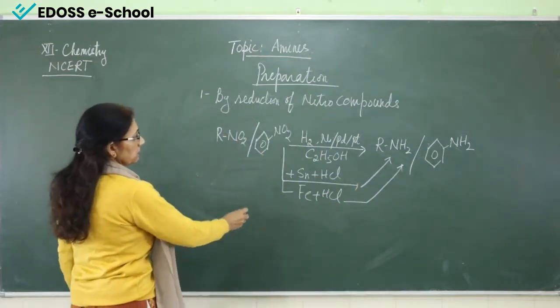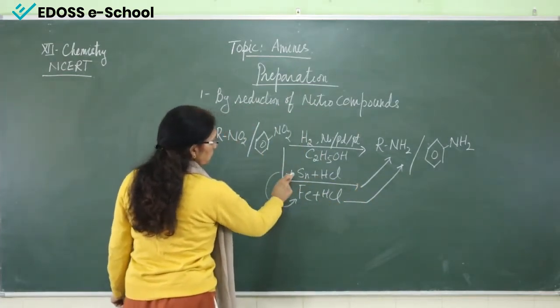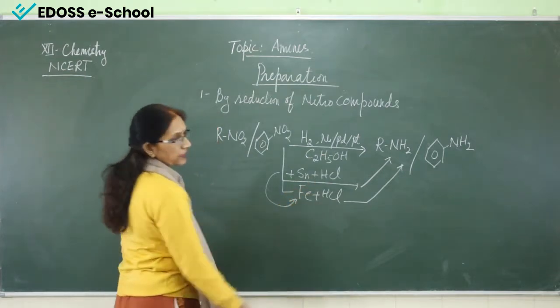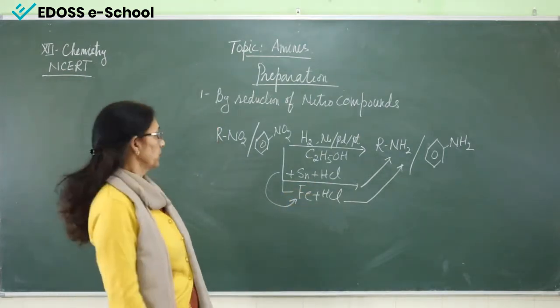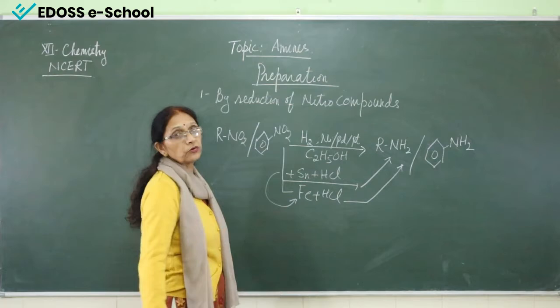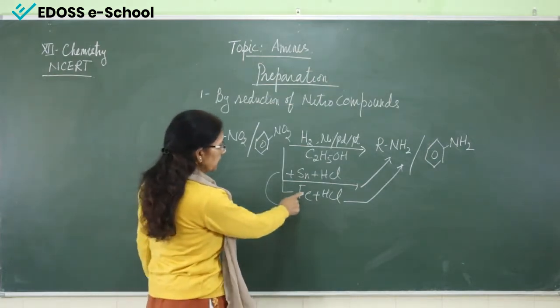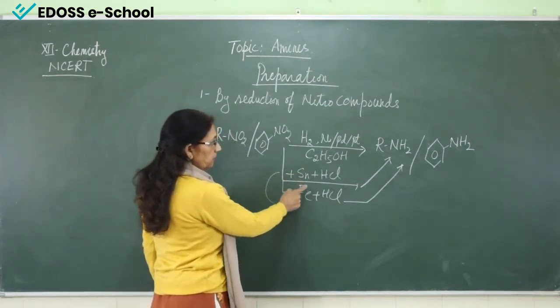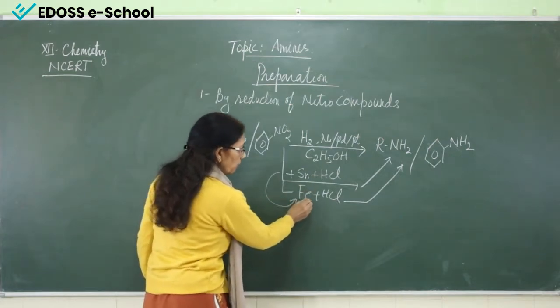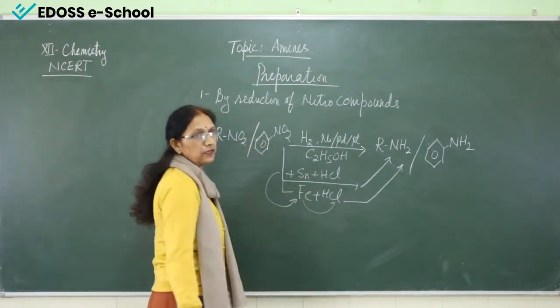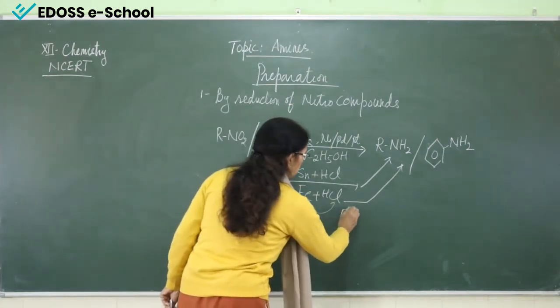But remember, in this reaction in place of tin, we prefer iron. Why do we prefer iron? Why is this reaction more important? Because when iron is reacting with HCl, it gives FeCl2, iron chloride.